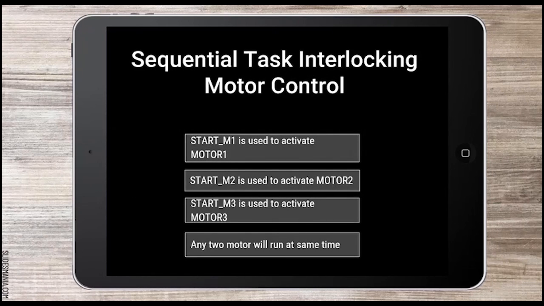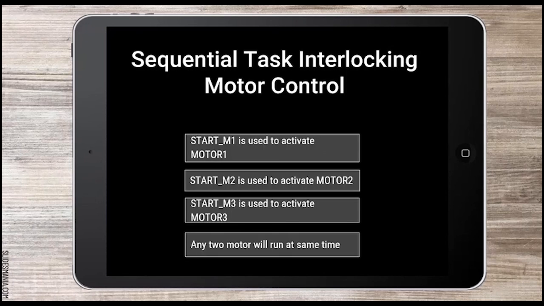The sequential tasks of the interlocking motor control are as below. First, start push button M1 is used to activate motor 1, while start push button M2 is used to activate motor 2, and start push button motor 3 is used to activate motor 3.